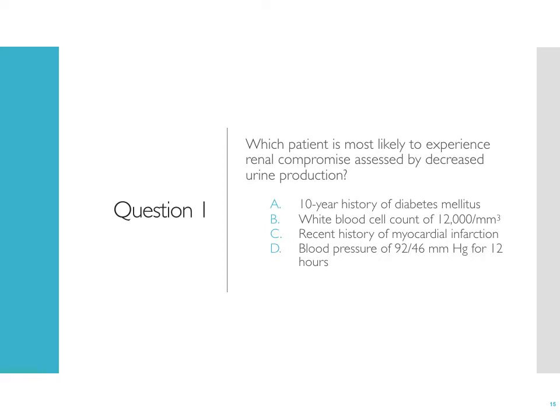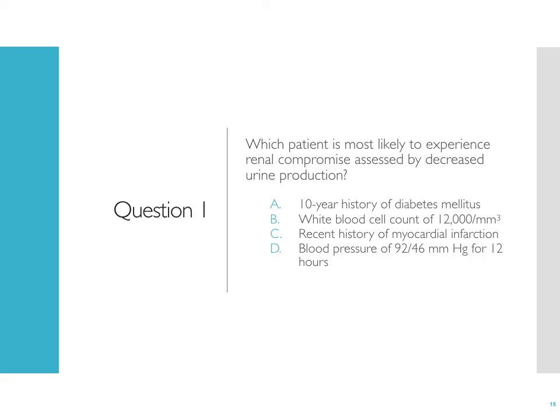The white blood cell count usually doesn't result in decreased urine production. And a recent history of a myocardial infarction, although it might affect your urine production because of the lack of stroke volume that the heart is putting out, that's sort of reading a lot into that answer.